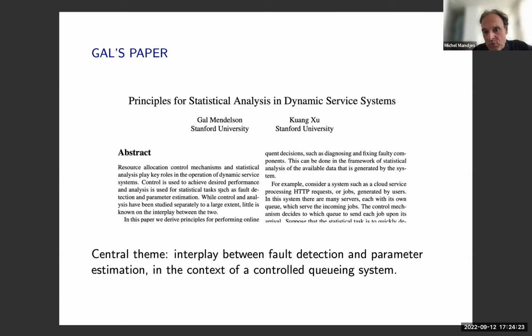So there is this controlled queuing system that is working, and you want to estimate or detect things in the context of a controlled system, and that is typically hard. Gal explained why that is. The control action quite often counteracts the estimation opportunities.